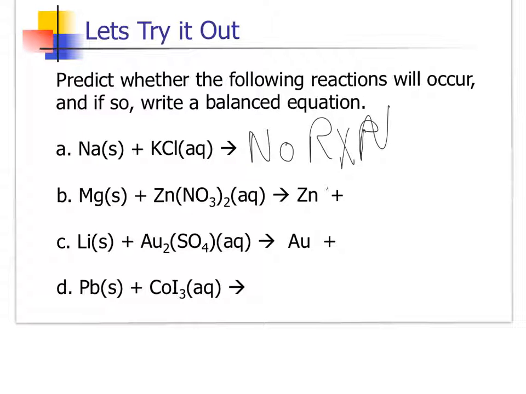Now, magnesium is much higher on the activity series than zinc is, and therefore zinc is going to come out of solution and form a solid. Magnesium is going to form a compound with the nitrate. Now, this 2 on the zinc nitrate came from zinc. So we have to look at, okay, what is the charge of magnesium?